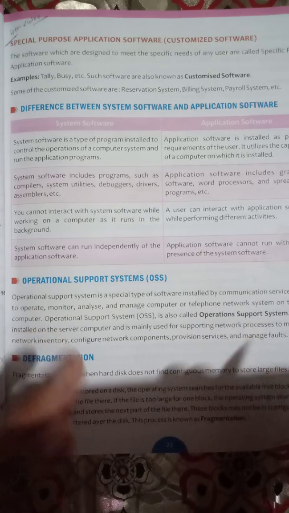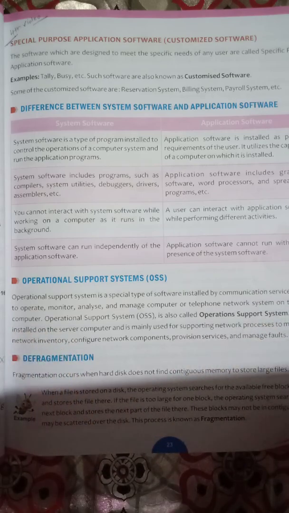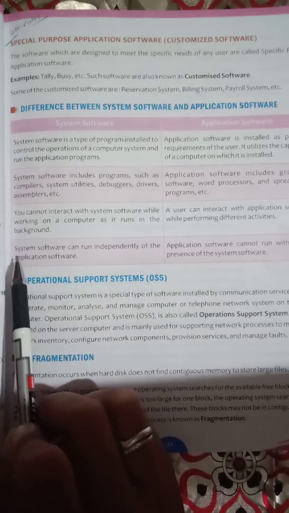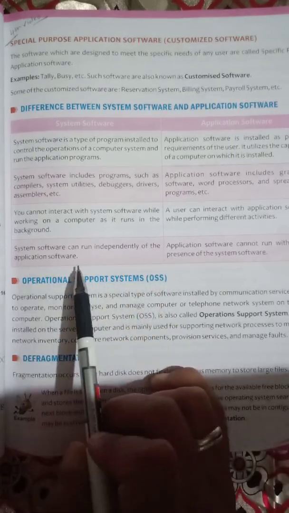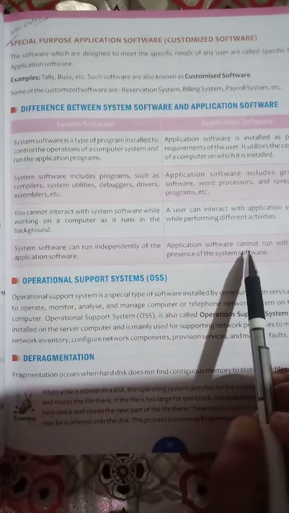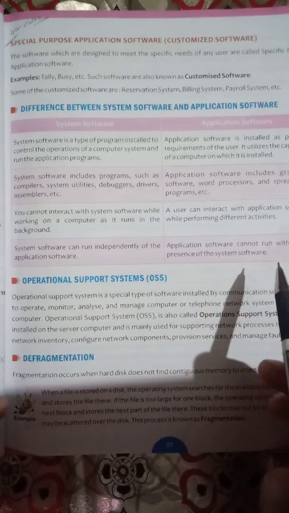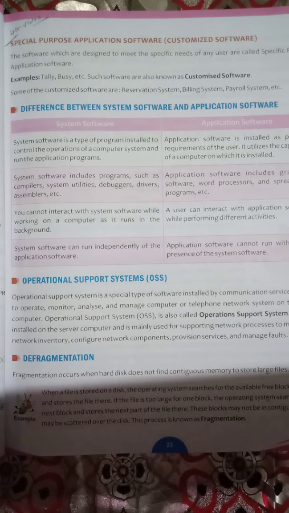Lastly, system software can run independently of the application software, and application software cannot run without the presence of the system software. Means the system software is needed mainly.